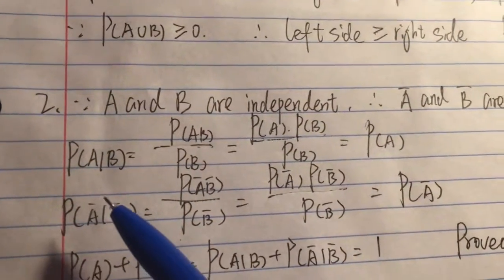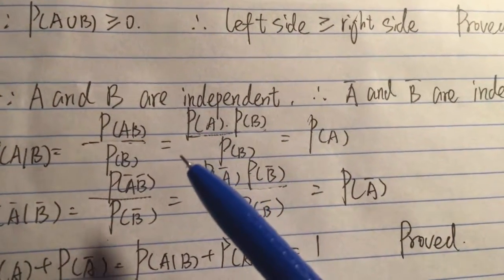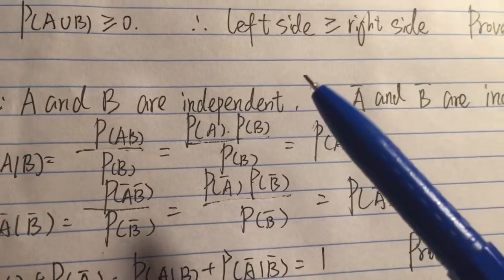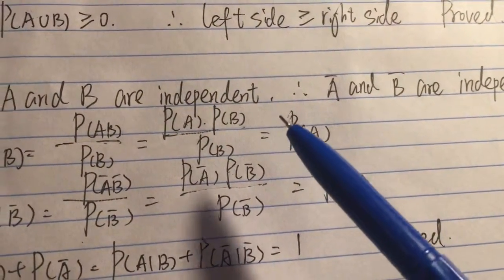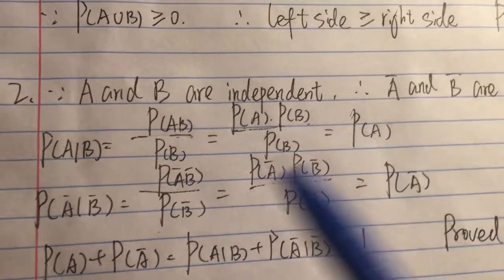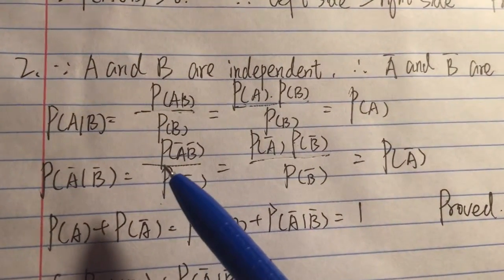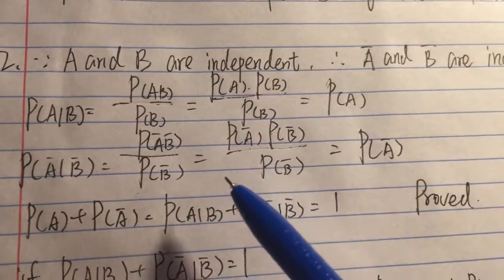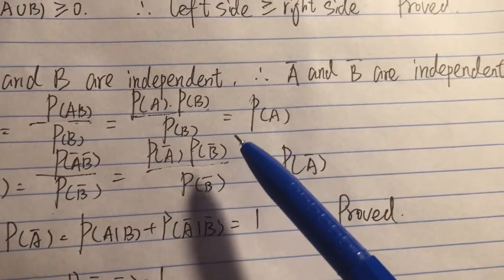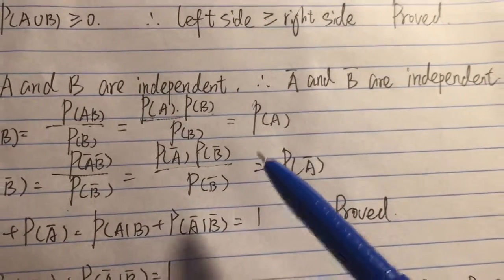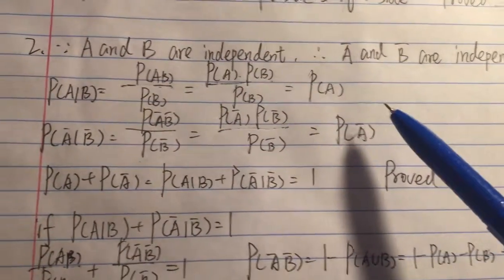When B happens, the probability of A equals the probability of A intersect B divided by the probability of B, which equals the probability of A times the probability of B divided by the probability of B, which equals the probability of A. And when B bar happens, the probability of A bar equals the probability of A bar intersect B bar divided by the probability of B bar, which equals the probability of B bar times the probability of A bar divided by the probability of B bar, which equals the probability of A bar.